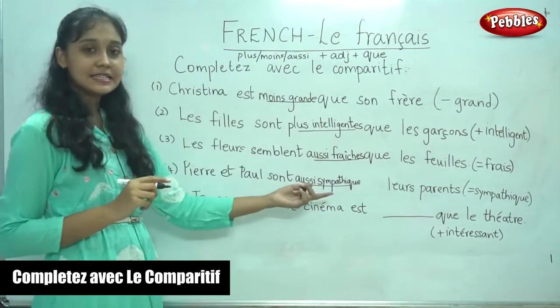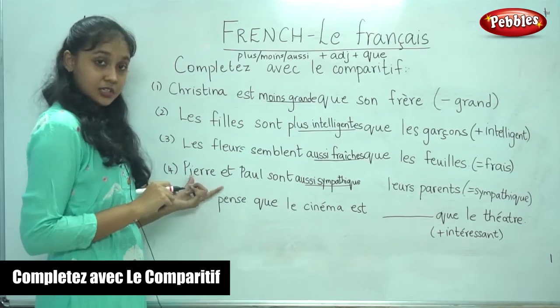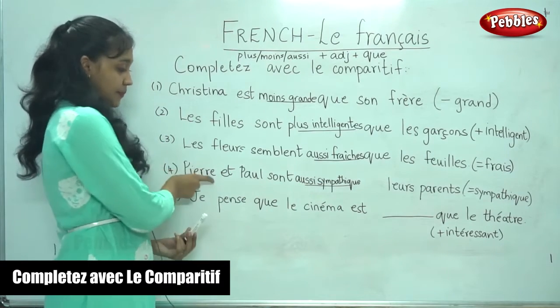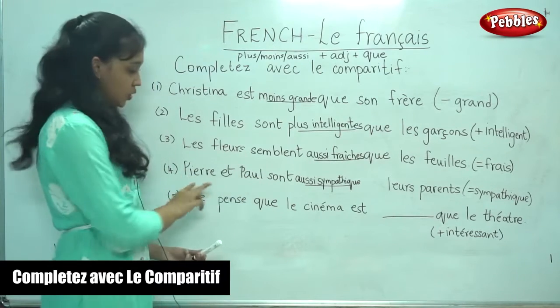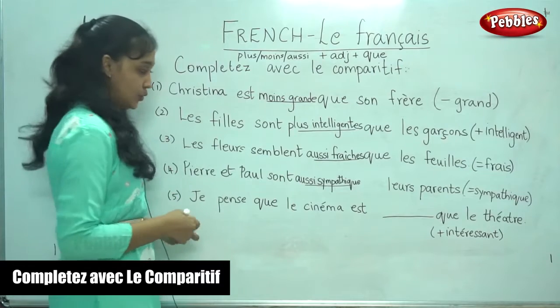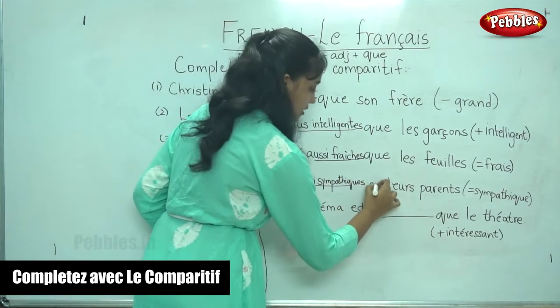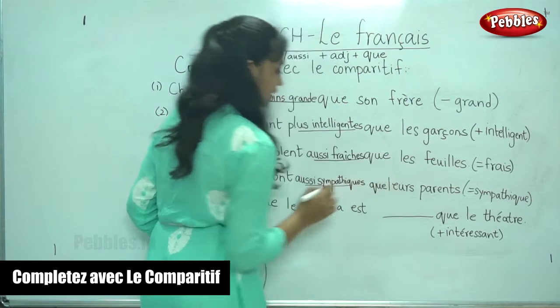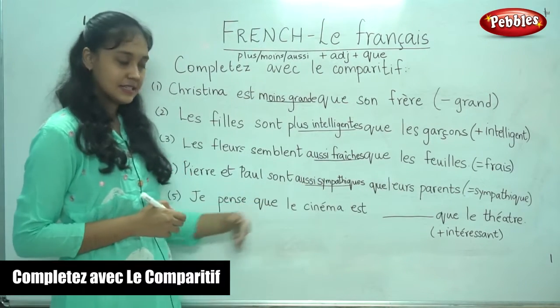Now, our next step is to see if this agrees with our subject. Our subject is Pierre et Paul. It is two people. So, it is in the plural form. Masculine, plural. So, we need to add an S. And then you have to add que. So, we have completed this sentence.